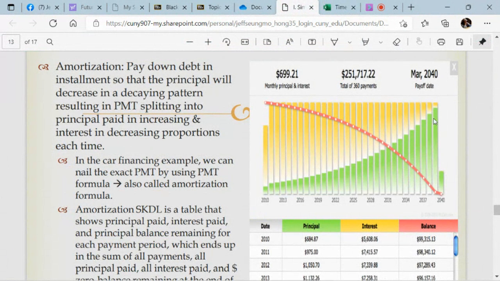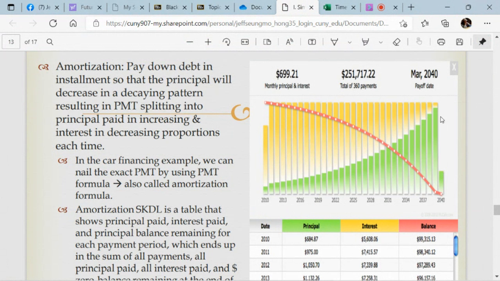You see in this diagram, in this picture, these bars, partially green, partially yellow, represent monthly payments. In this example, the monthly payment is almost 700, $699.